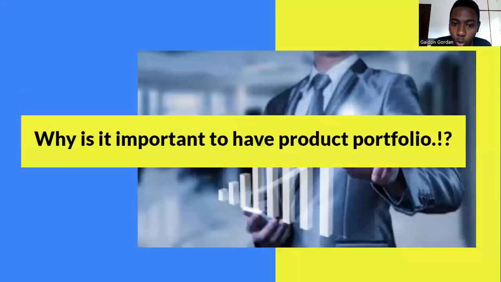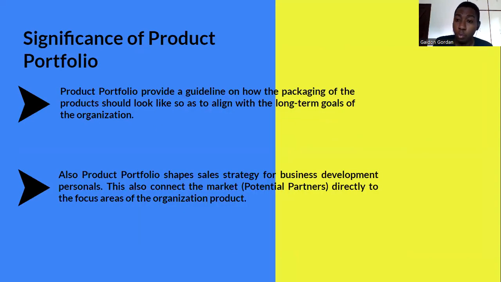So moving forward, why is it important to have a product portfolio? Diving into this question, the product portfolio in ISEC provides two main significances. The first one is to provide a guideline on how the packaging of the product should look, so that all those activities are aligned to the long-term goals of an organization.